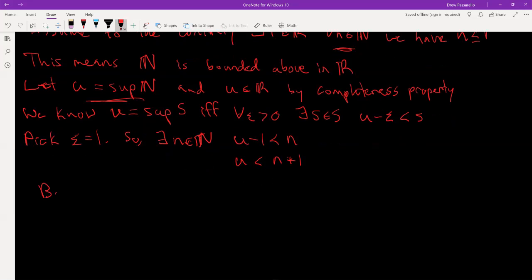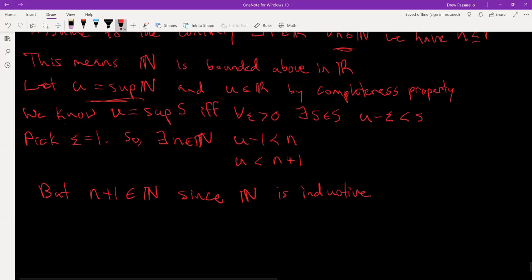But n plus 1 is a natural number, right? Just adding 1 to a natural number is another natural number, since the natural numbers are inductive. But hold on, we said U is a supremum.